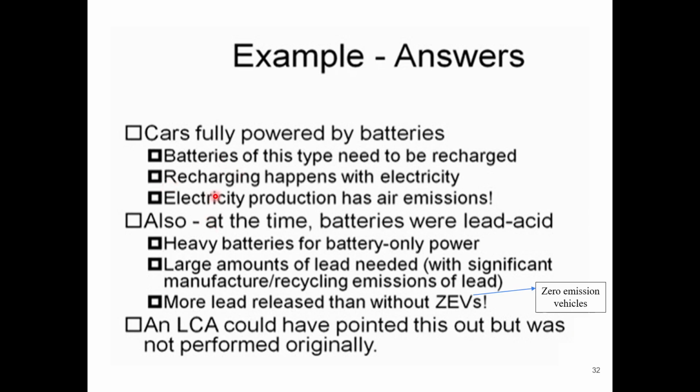Batteries of this type needed to be recharged, and recharging happens with electricity. That electricity production has air emissions, because most electricity generation is dependent on thermal power. Thermal power directly results in air emissions.